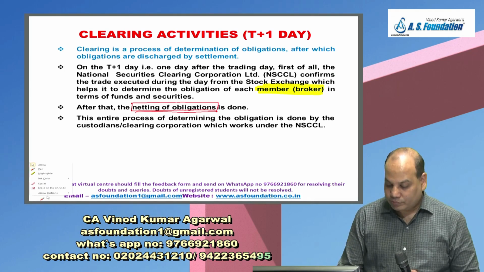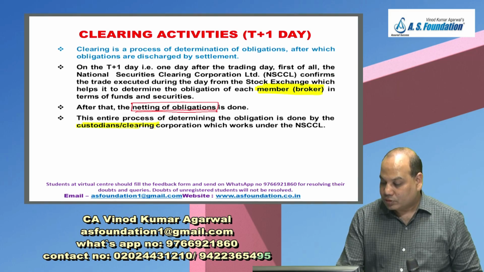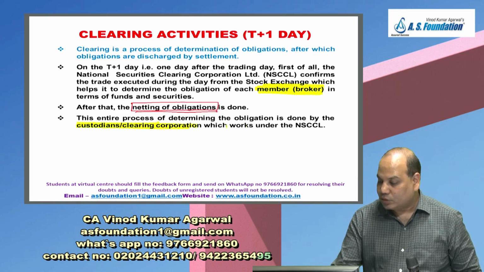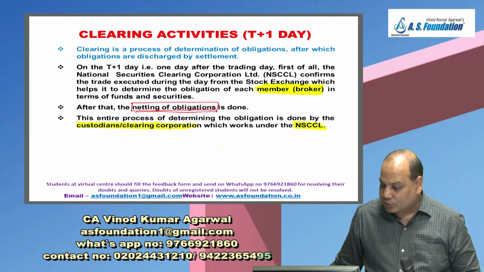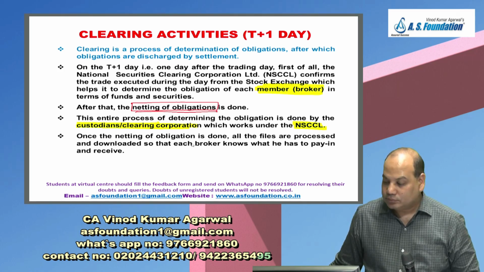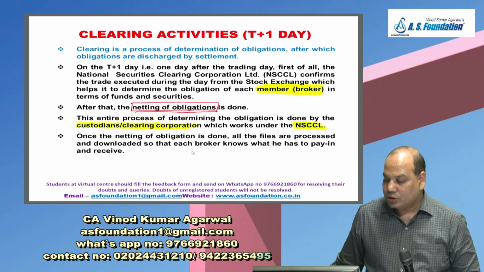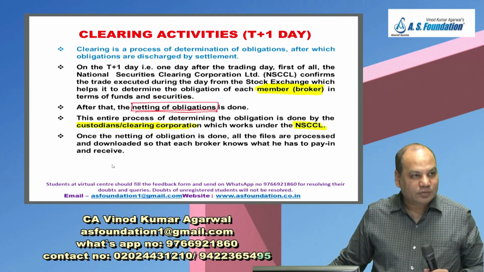So there is an intermediary, we have discussed them, the custodian or clearing corporation, which works under the NSCCL. So this will help the NSCCL to determine the obligation of the broker. Once the netting of obligation is done, all the files are processed and downloaded so that each broker knows what he has to pay in and receive.